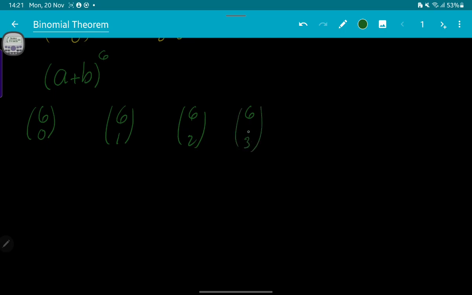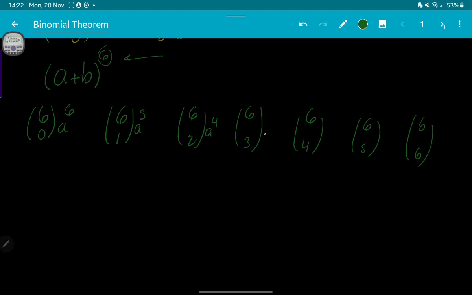6C3. How many terms do we have? We have 7 terms. 6C4 because we have one more, 6C5, then 6C6. Then this is a and b. The first term starts from this power, so a power 6, a power 5, a power 4, a power 3, a power 2, a power 1, then a power 0, which is 1.